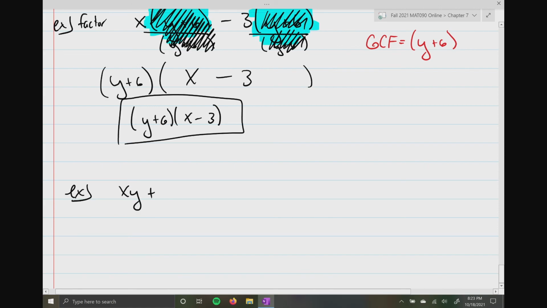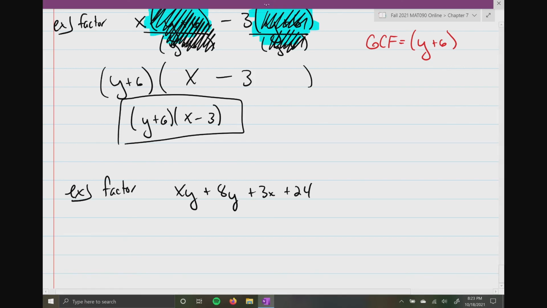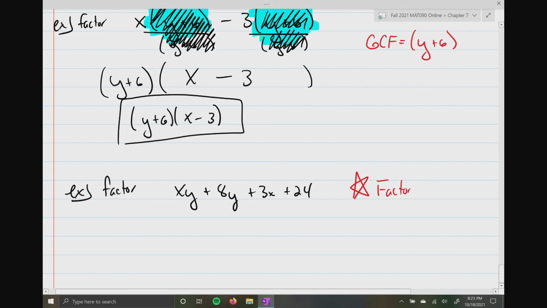So I forgot to write the directions again. I'm always forgetting to do that. So we want to factor xy plus 8y plus 3x plus 24. Now, in red, here's a big star. Factor by grouping will always start with 4 terms.